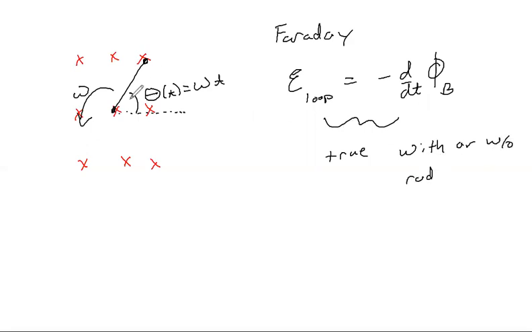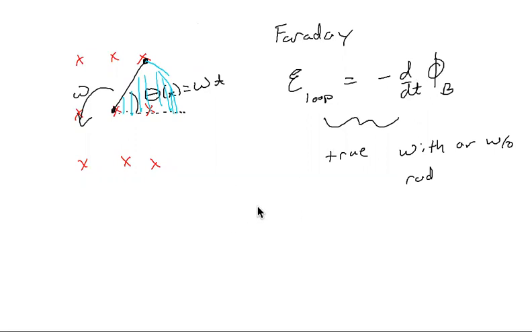But if we're smart and we sketch in a region here, tracing out the circular arc, then we can apply this to say that the EMF around this loop must be given by the same formula.